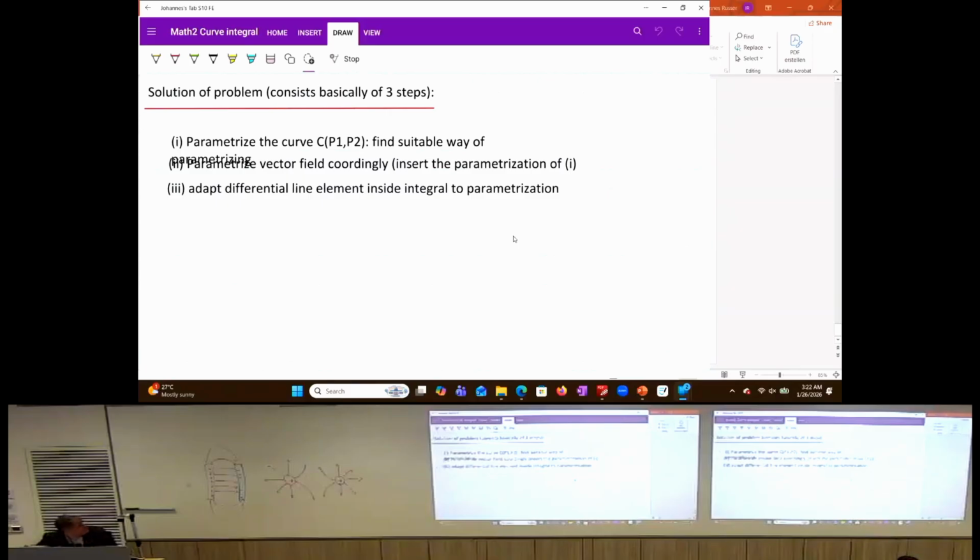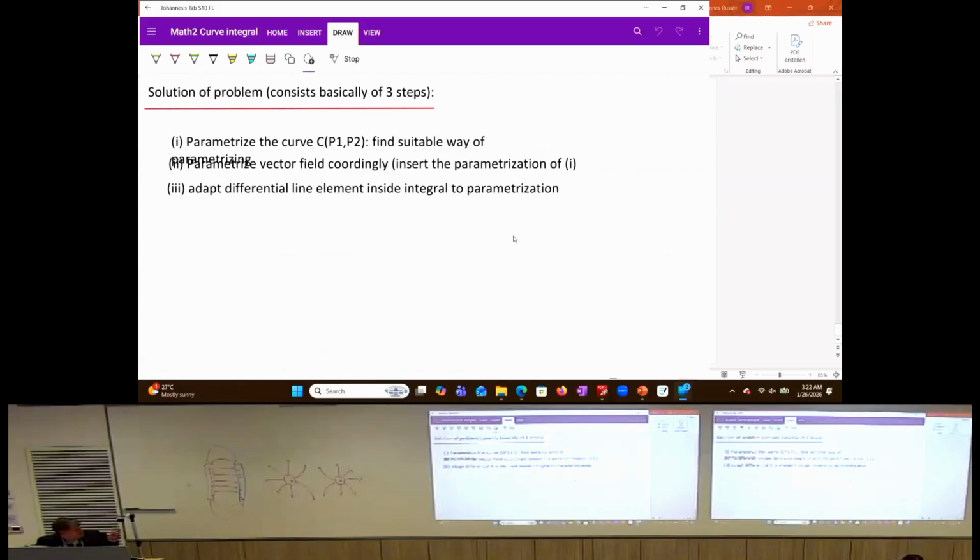But there are 3 steps to the solution of the problem. I will show you that here in this math recap, and then these exact same 3 steps I will show you later when we actually apply it to the electric force. So first step is you have some kind of curve in this force field. You have an arbitrary force field, you specify a curve along that.